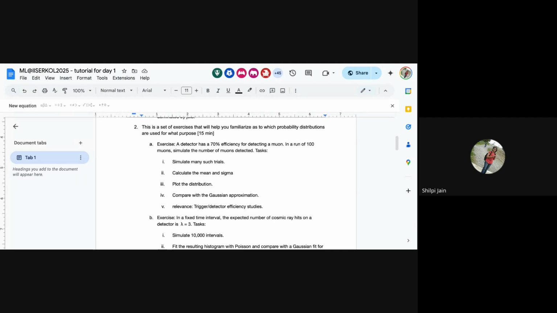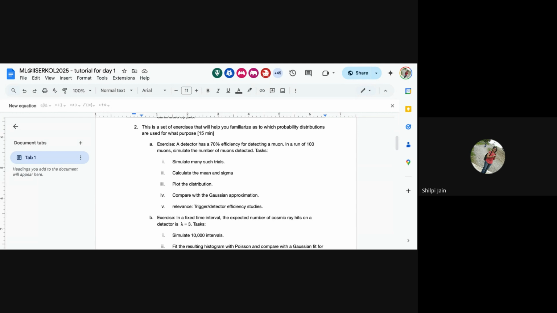So essentially, if there are 100 muons coming one after the other hitting your detector, what kind of distribution would the number of detected muons follow?